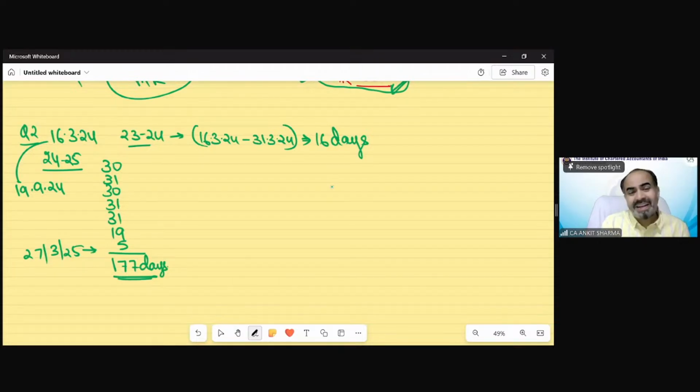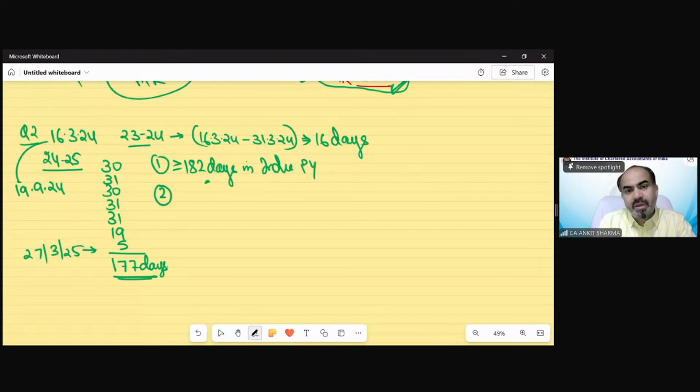She was not an Indian citizen, not a person of Indian origin, and she comes to visit India. So either both conditions would be applicable or only one condition, the basic condition. First one is more than or equal to 182 days in India in previous year, or second one is more than or equal to 60 days in India in previous year plus more than or equal to 365 days in 4 preceding previous years in India.